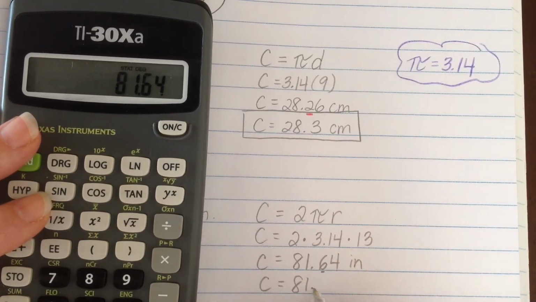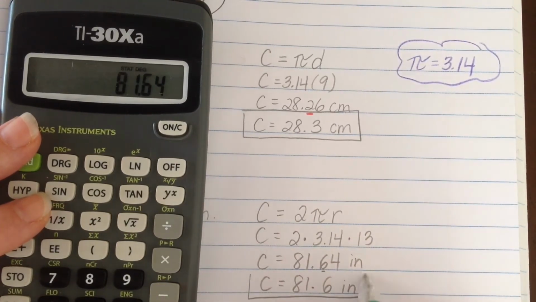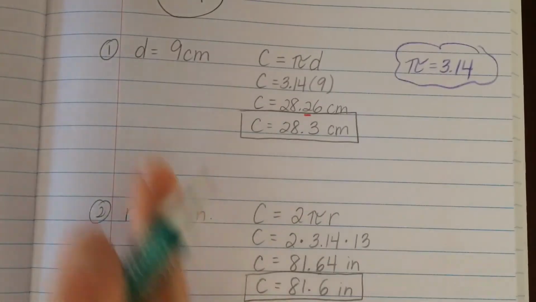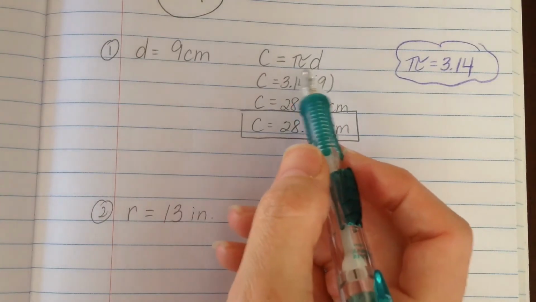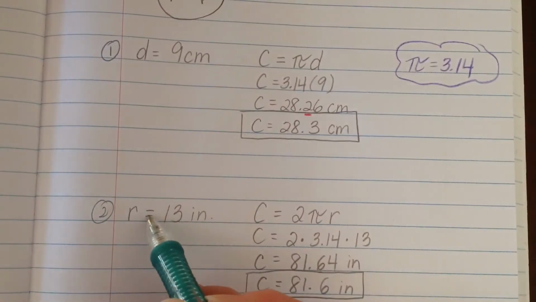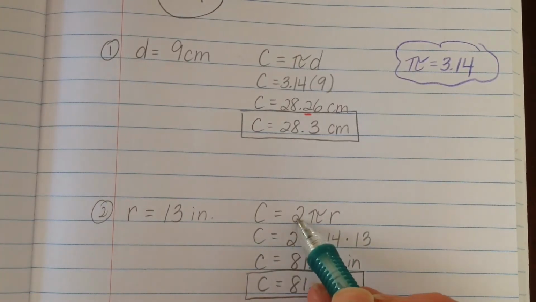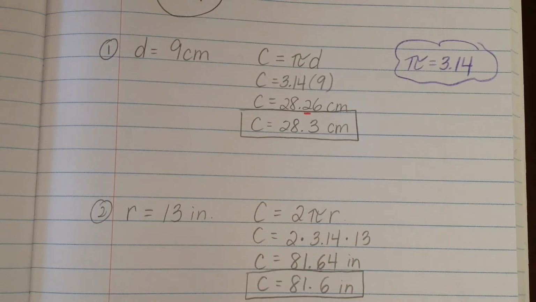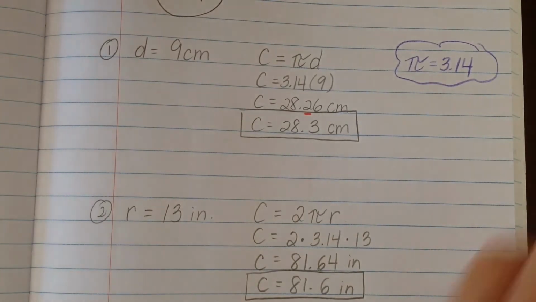So my final answer is going to be 81 and 6/10 inches. That's my final answer. Okay. So if you are given a diameter you do pi, 3.14, times whatever that diameter is. If you are given a radius, you do 2 times pi times whatever that radius is. So just pay attention to whatever value you are given.